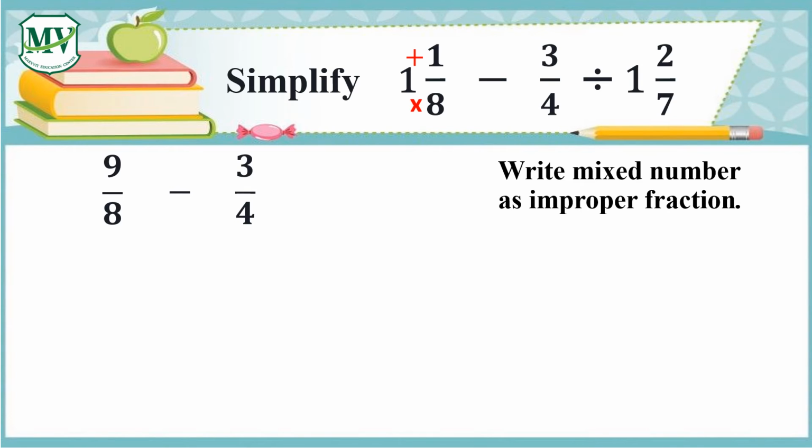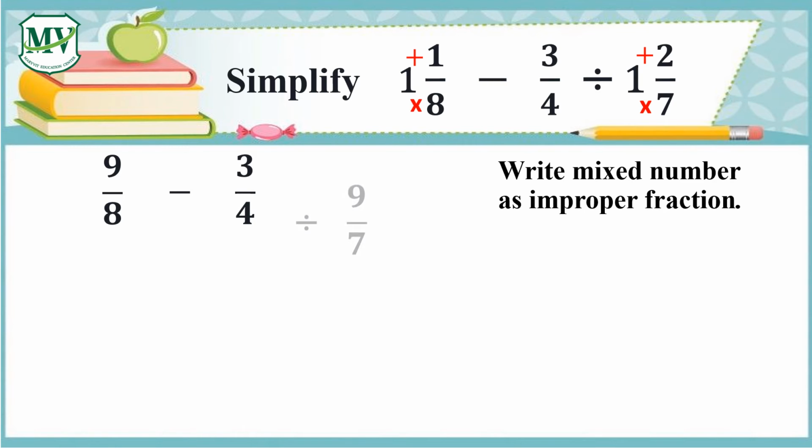Next is to convert 1 and 2 over 7 to an improper fraction. To do that, multiply 1 and 7, then add the numerator 2. Can you guess what's the answer? Excellent!